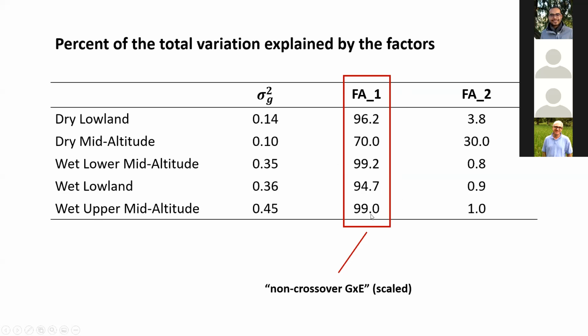So if there's only one single factor and they react to this factor with a certain sensitivity, this is only a scaling. There is no crossover genotype by environment interaction captured in this factor. It's only scaling. And this is very interesting because what we see here now is that most of the fixed genotype by environment interaction that we detected in this data set under optimal management was non-crossover GxE, scaled GxE.